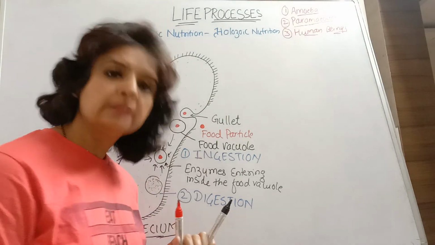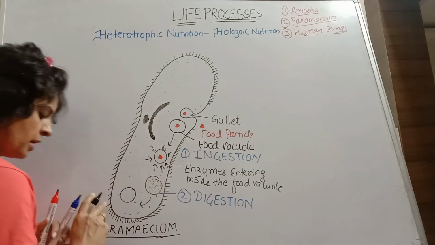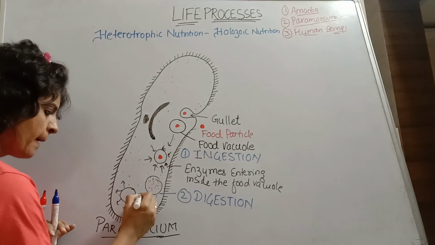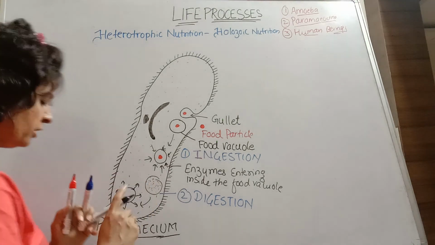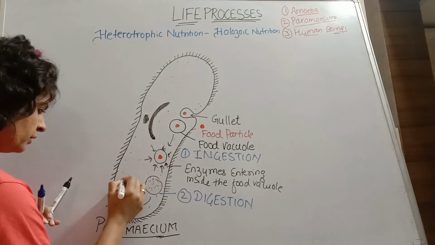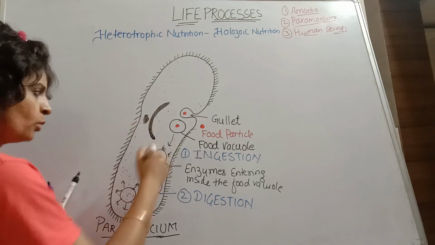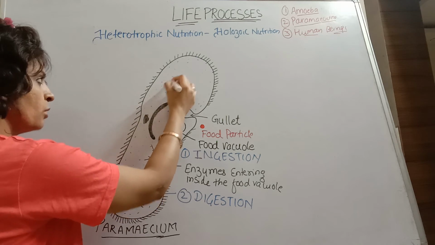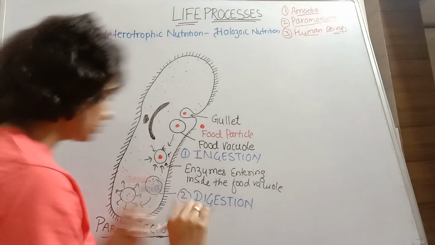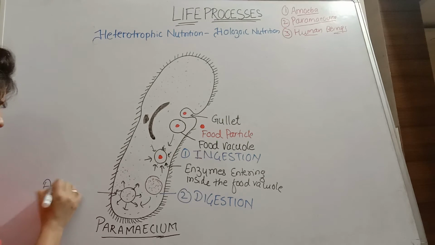The third step is absorption. Very good. So now you can see this particular food is coming out from this food vacuole. Here I'm showing it with the red dots that the absorbed food material is now in the cytoplasm. After absorption I'll just mark that this is the third step, that is the absorption.